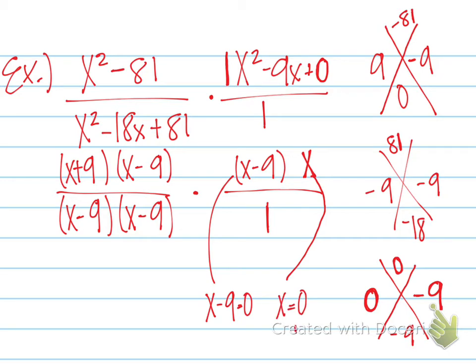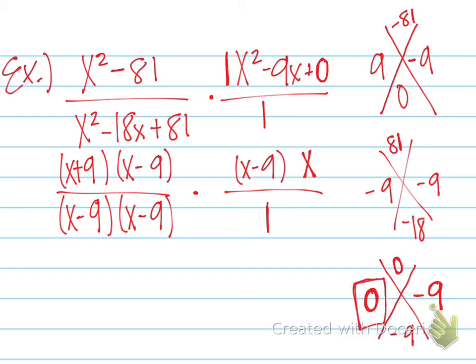What do you notice about this? You can't solve it. It's already set equal to 0. So anytime you have a factor that's a 0, you just always want to write an x, like I did right here. Okay?